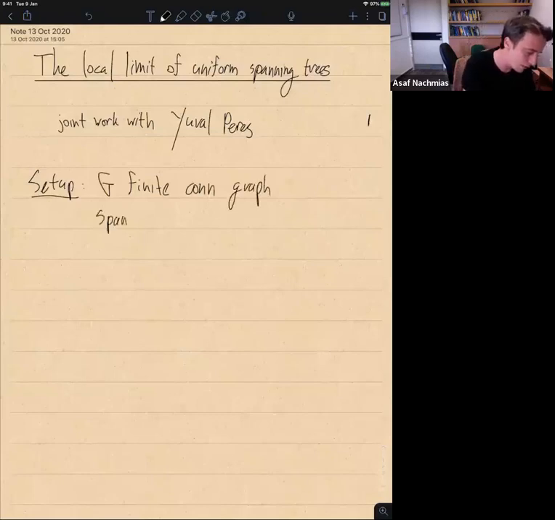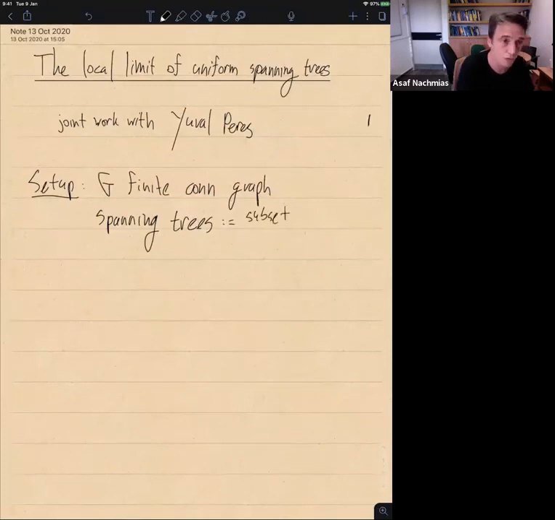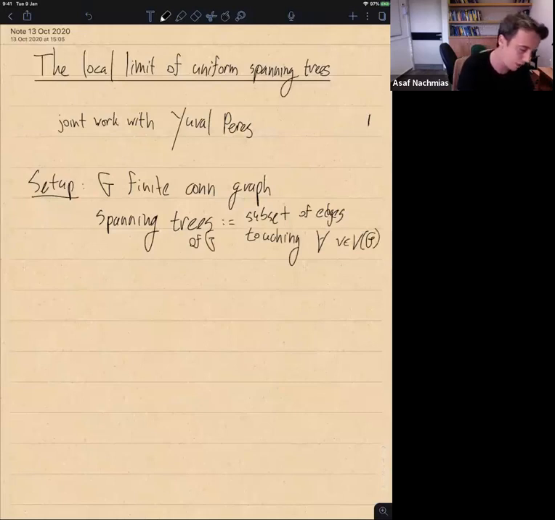Spanning trees of G, just in case this is not known to you, I think of as a subset of edges of the original graph, touching all vertices and containing no cycles. So it's a tree that touches all the vertices of the graph G.